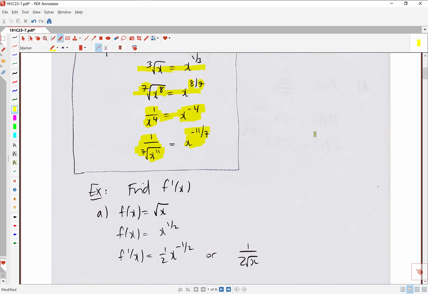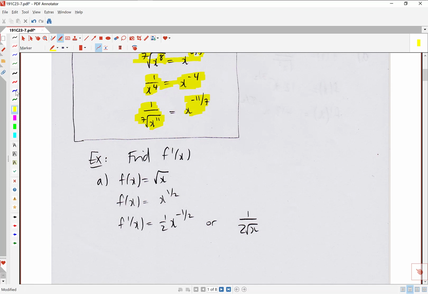Okay, let's look at part A. So in part A, we're given the function f of x equal root x. And so you could say, well, first thing I'm going to do is just rewrite this in exponential notation. So you could say that's x to the 1/2. You don't necessarily need to do that on another line. And then we're going to take the derivative. So in the usual way with taking derivatives of powers, the power comes down in front.